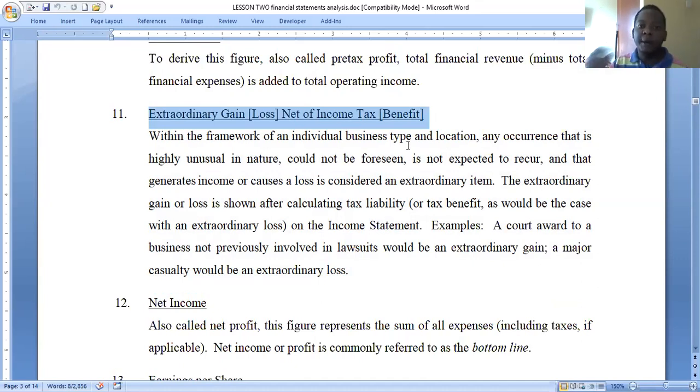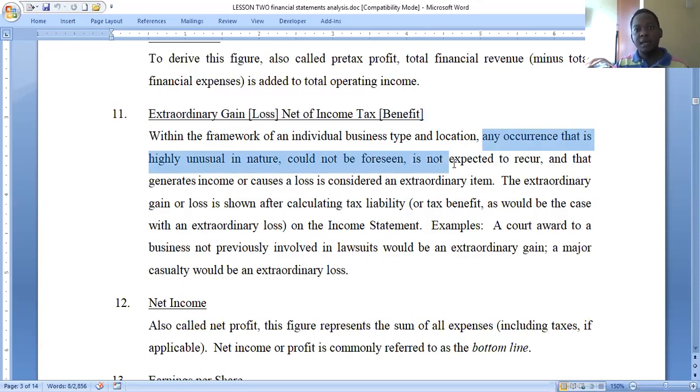So an extraordinary event is any occurrence that is highly unusual in nature, could not be foreseen, and is not expected to recur. Yeah, an extraordinary event is any occurrence that is highly unusual in nature, could not be foreseen, and is not expected to occur.